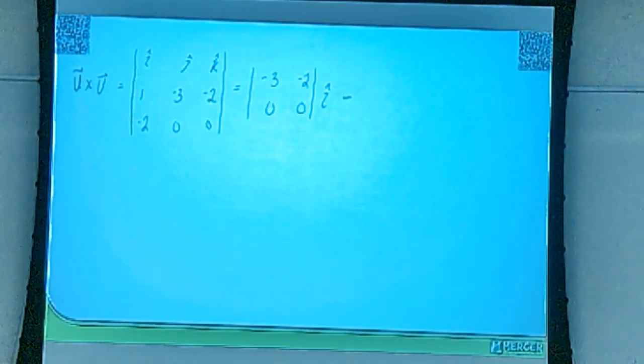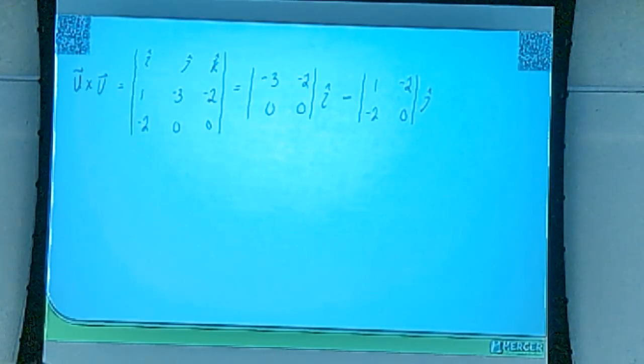Minus, now do the same thing with the j. Why it's minus, you have to take linear algebra. Wait, you're taking it right now? No, I'm taking it. Okay, so you know why. Yeah. But you also have to take my word for it as minus, using cofactor expansion. Plus, now I do the same thing with the k hat.